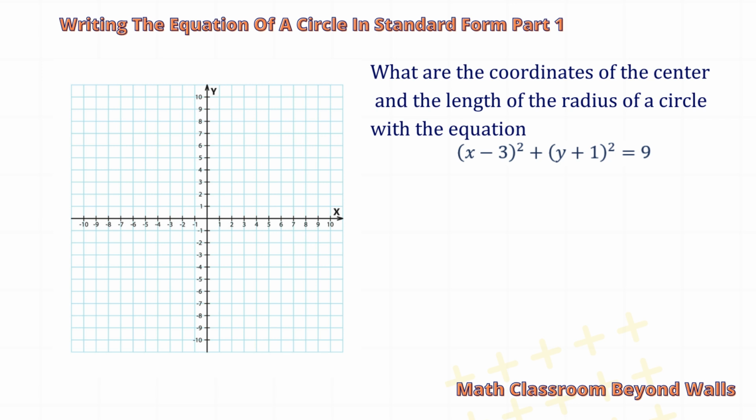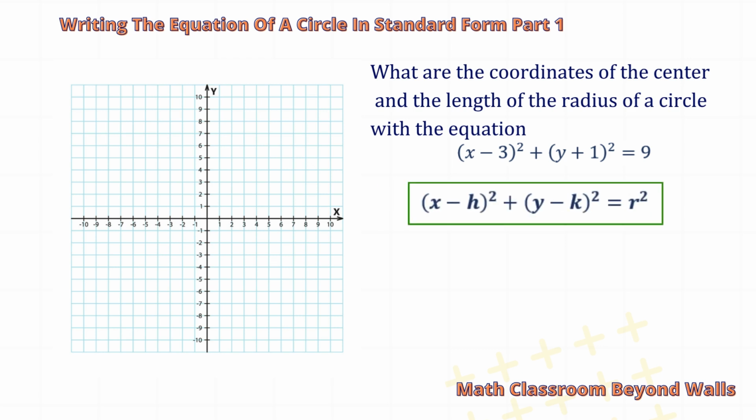Now listen to this. If we can rewrite the given equation into a form like the equation formula for the standard form of the equation of a circle, then we will be able to identify the center and the radius of the circle easily.